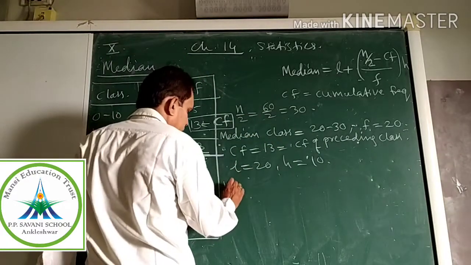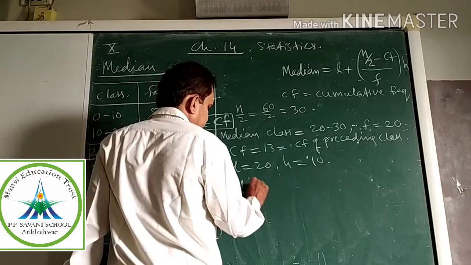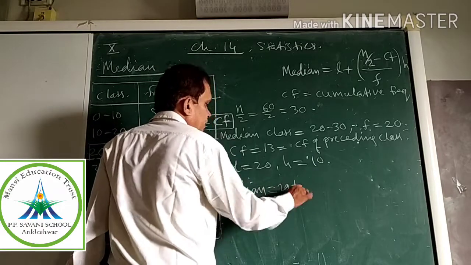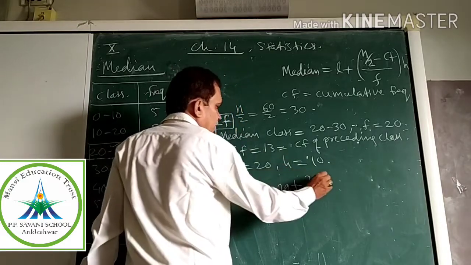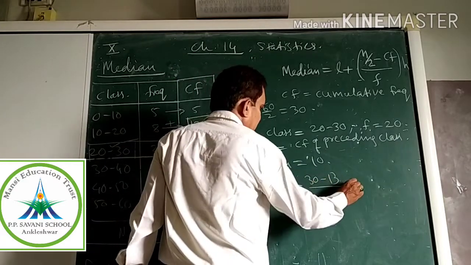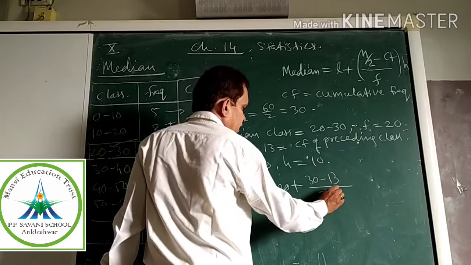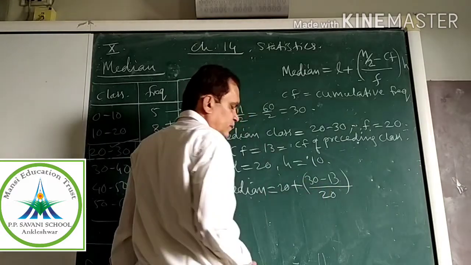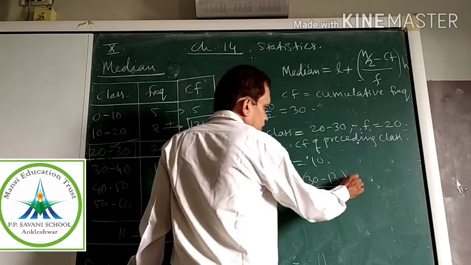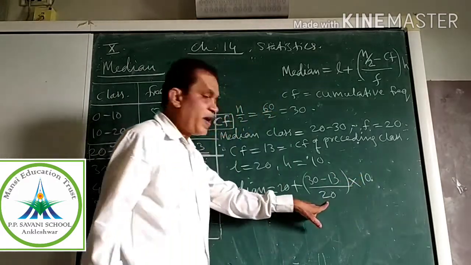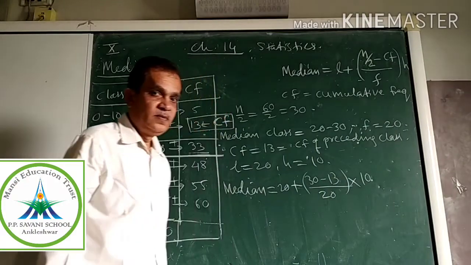Therefore, median equals 20 plus (N by 2, 30, minus CF, 13) divided by F, 20, multiplied by H, 10. This 20 is the frequency.